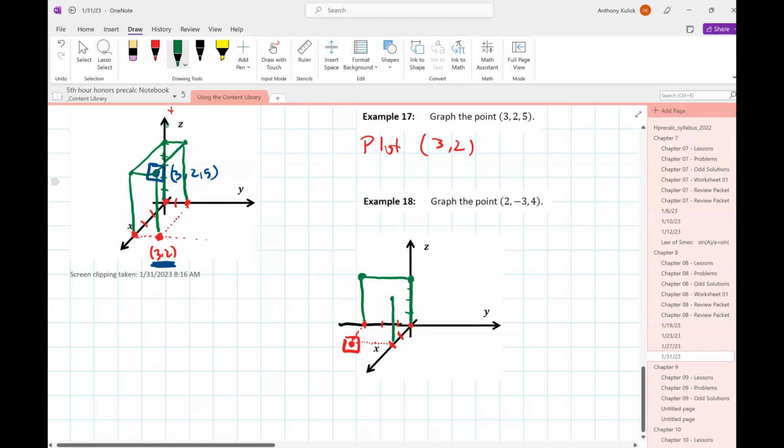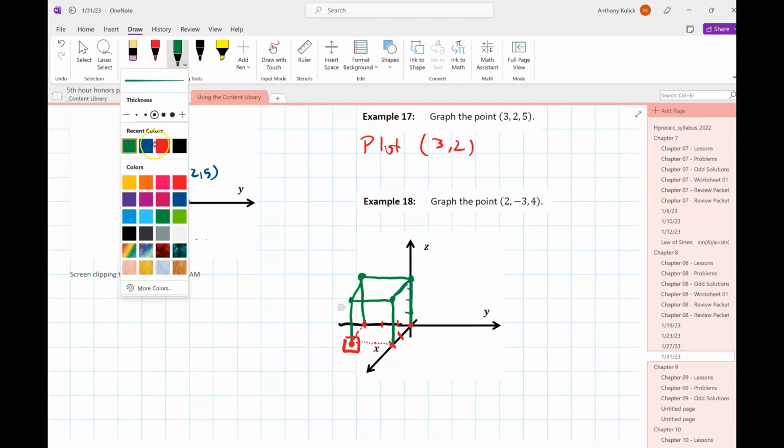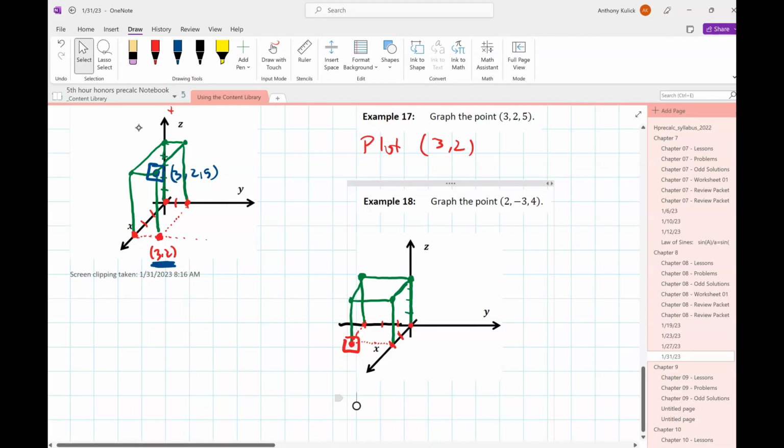I'm just kind of eyeballing that. And then I'm going to lift that point. Again, just kind of eyeballing that. So there's my 3-dimensional plane. And the point that was the point 2, -3, the lifted version of that point is my point 2, -3, 4.